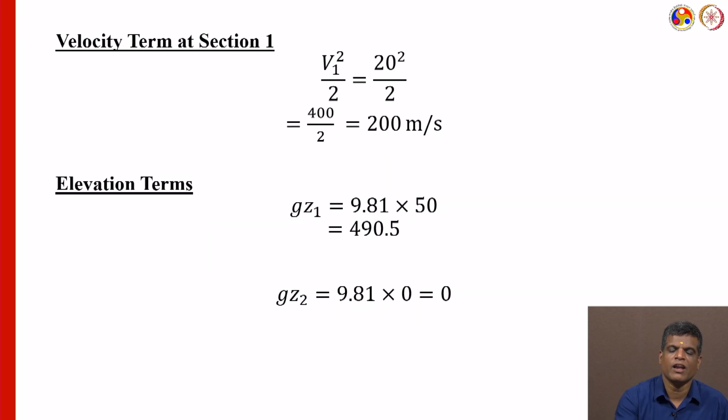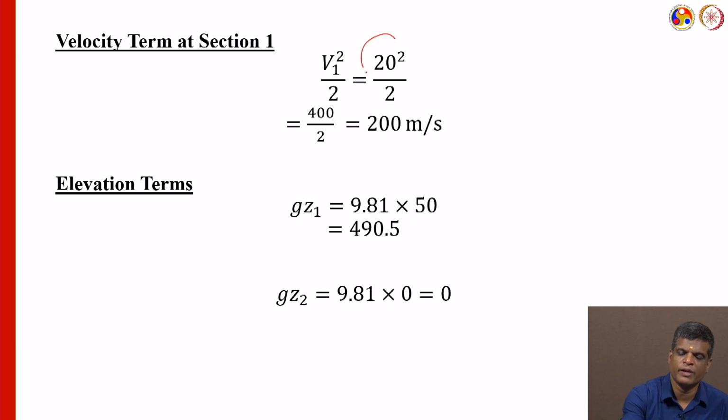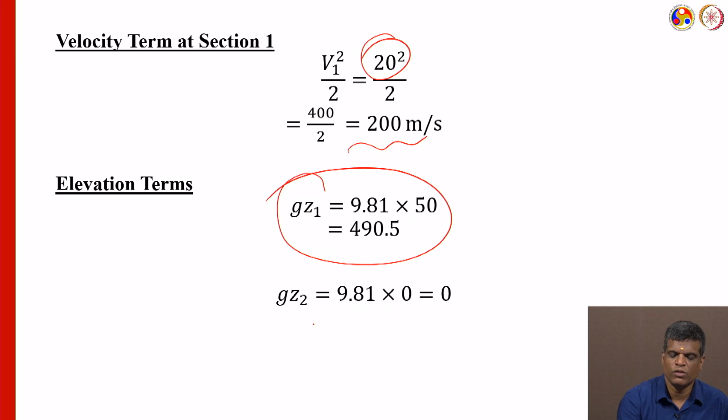Then next is velocity. V1 we do not know, velocity 2 we know, that is why we keep velocity 2 here and get the value of V1. Once V1 is done, then Z1 we know. Z2 is 0, because Z1 is a 50 meter height.